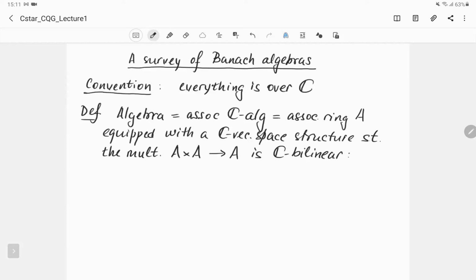Explicitly, this means that we have the following identities. Here, little a and little b are elements of our algebra, and lambda is a complex number.